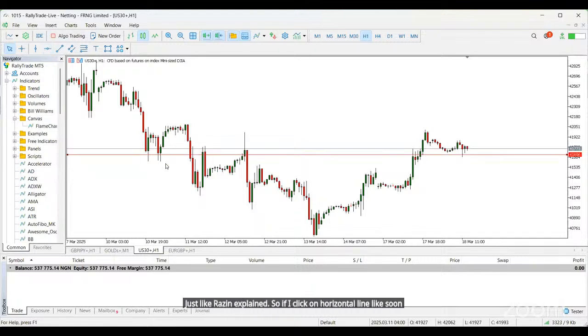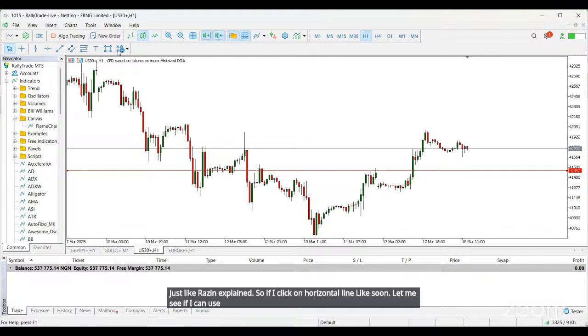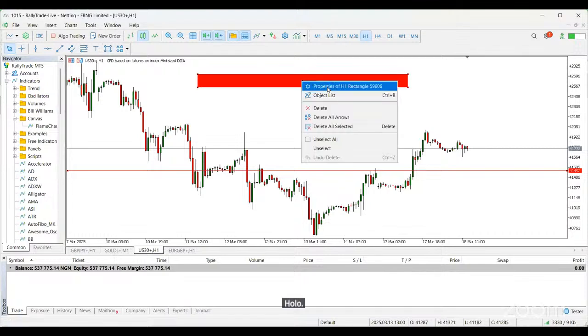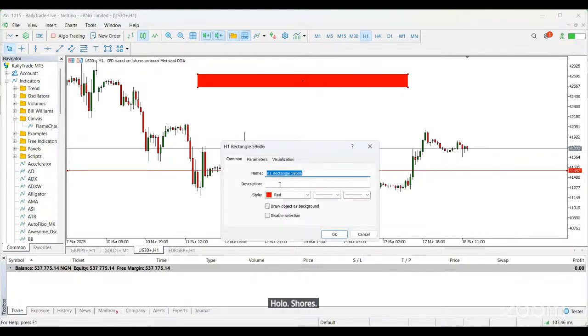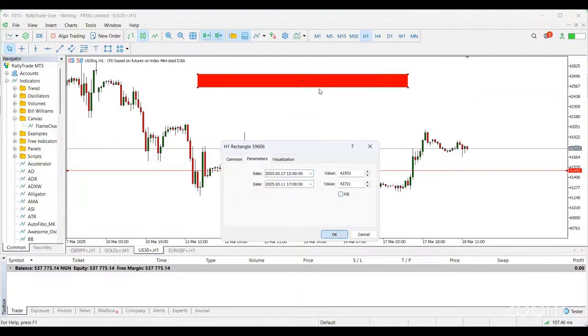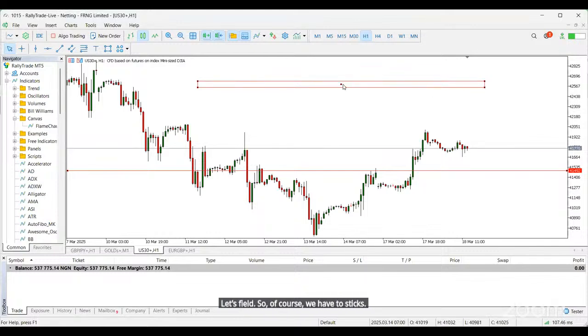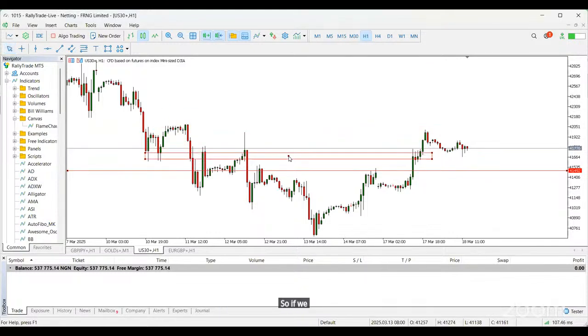Let me see if I can use this Fib tool to show us. Okay. So if we have this one as our area of interest, we already have a retest.